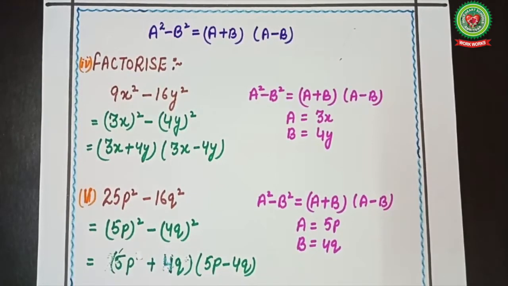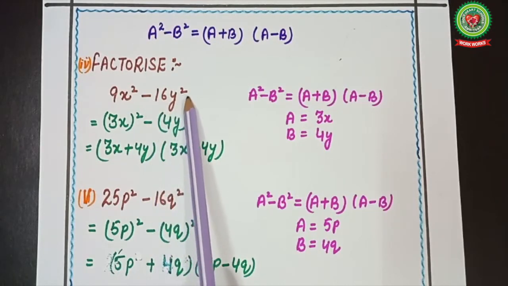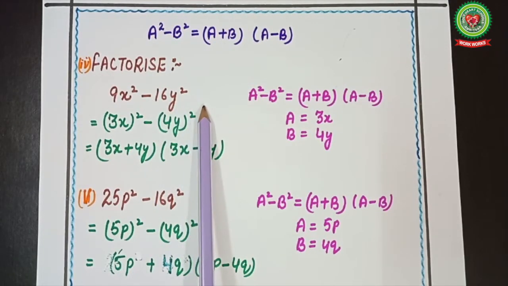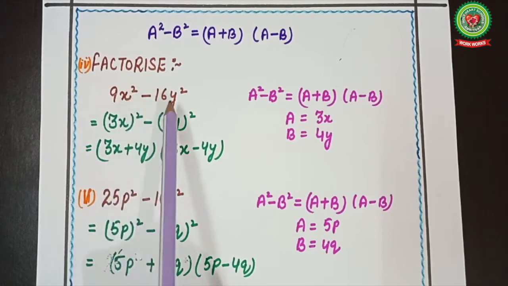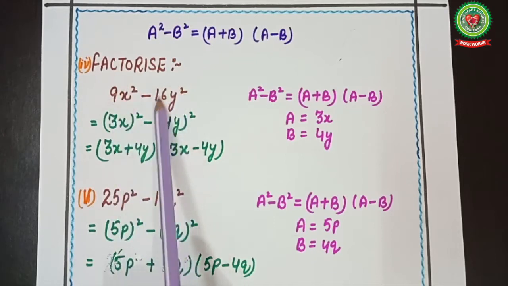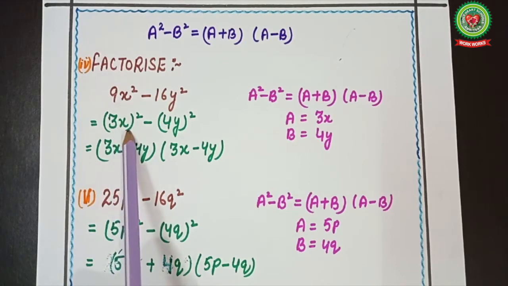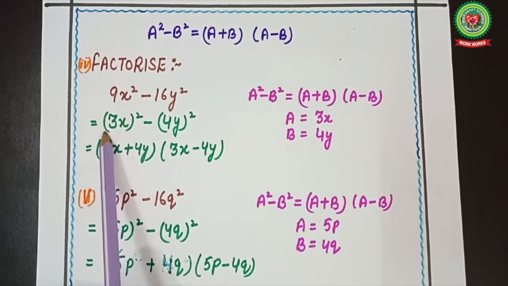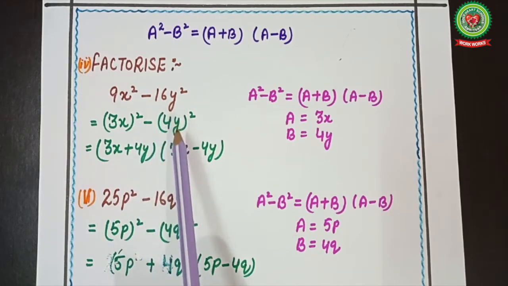Now we will have the fourth example: factorize 9x² − 16y². Students, here we have two terms in this expression, where 9x² is there and 16y² is there. Now what to do? We have to find the square root of both these terms, right? The square root of 9 is 3, and of x² is x. So we will write them in a bracket, that is (3x)², minus, the square root of 16 is 4, and of y² is y, right?